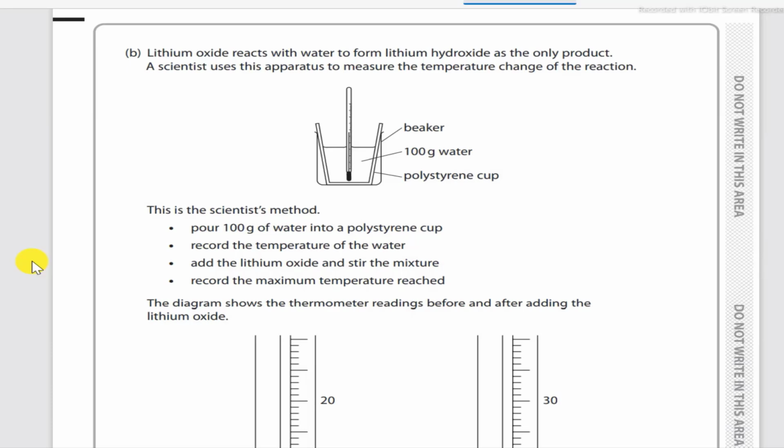This is the scientist's method. Pour 100 grams of water into the polystyrene cup. Record the temperature of the water, add the lithium oxide and stir the mixture. Record the maximum temperature reached. The diagram shows the thermometer readings before and after adding the lithium oxide.